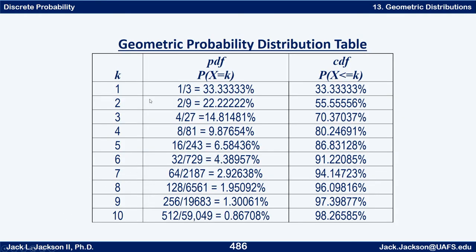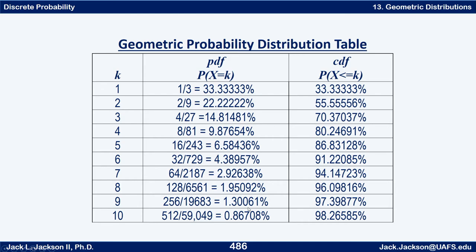And here's the table worked out, actually not only to 5, but further up to 10. So we have 1/3, then you have 1/3 times 2/3, which is 2/9. Then you have 2/9 times another 2/3, which is 4/27. 4/27 times 2/3 is 8/81. Multiply that by 2/3, you get this. Multiply that by 2/3, you get this. And each time we're multiplying by 2/3.